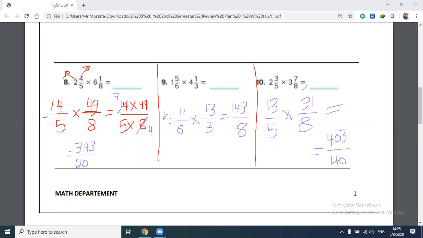I can rewrite this one as a mixed number if you want. 403 over 40 will be 10 and 3 out of 40 as a mixed number.